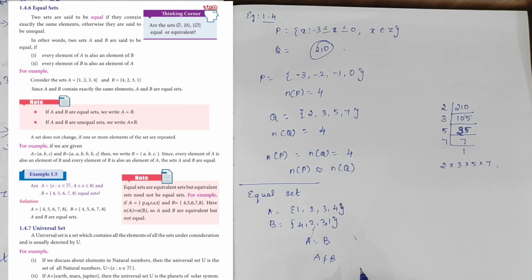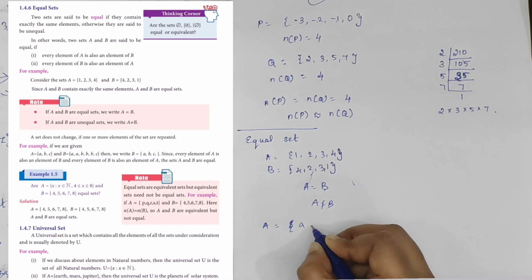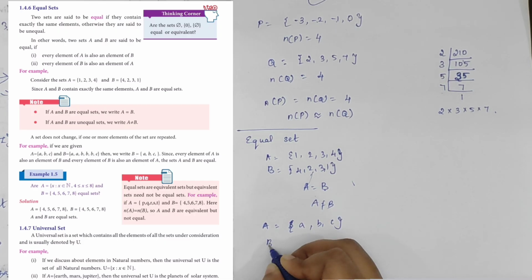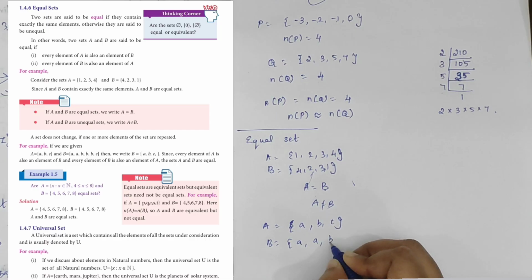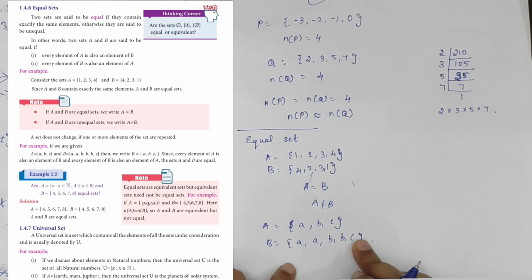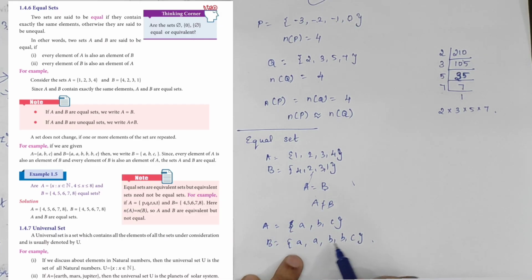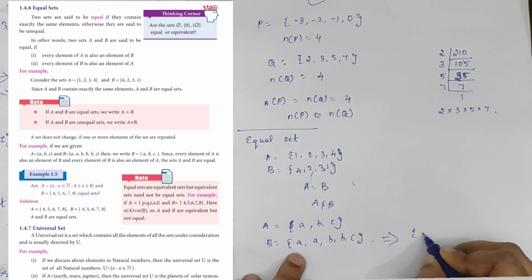Understood? Now look at another example. A is equal to {a, b, c} and B is equal to {a, b, b, c}. So even though B has repeated letters in this, they are still the same elements, isn't it? So we are not going to write these repeated letters, only the unique letters. So a, b, c.